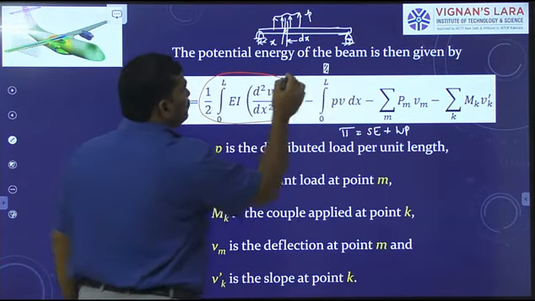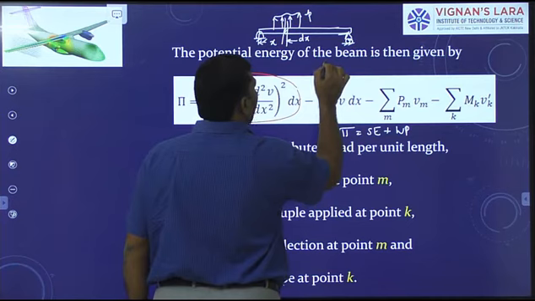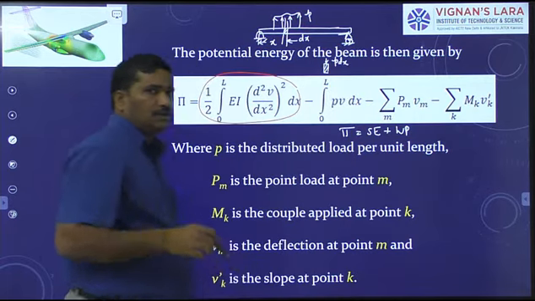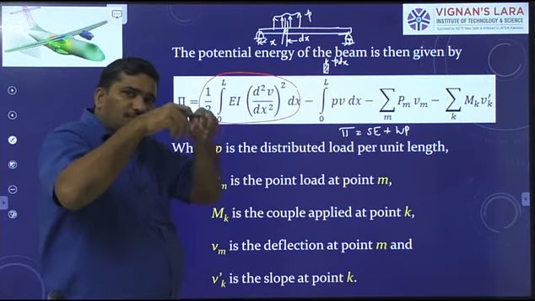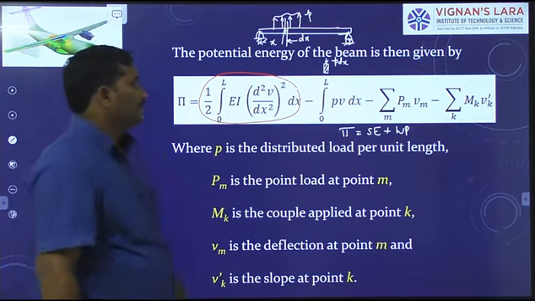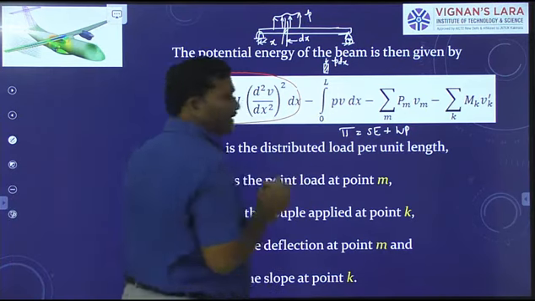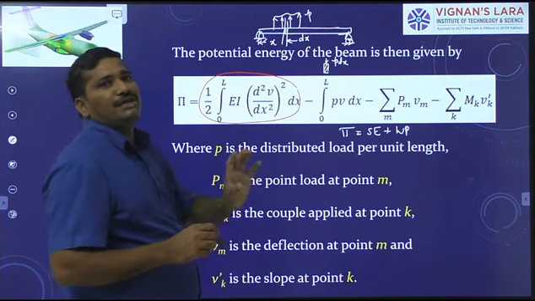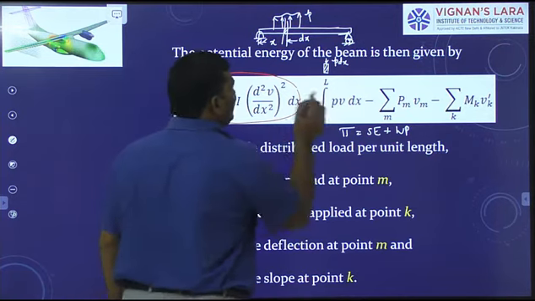What is the force acting on this element? It is simply p dx. Therefore p dx into, what is the beam deflection at the same section? v. Therefore, I get p v dx.